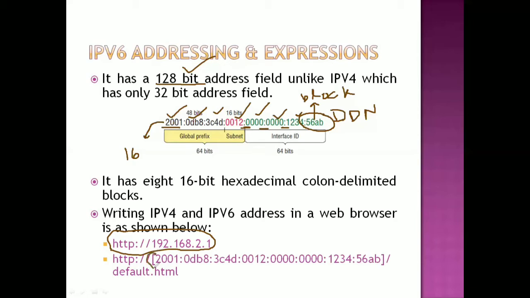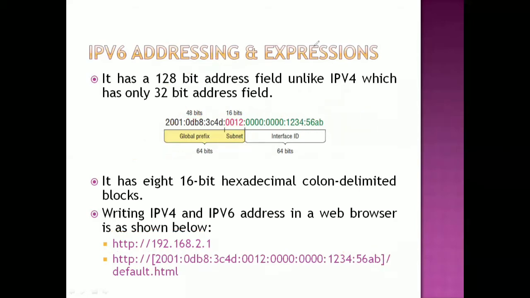You have to place a square bracket over here, and one more square bracket over here. So this is the way to write the IPv6 address. This is the long format of an IPv6 address, and in the next slide, I will tell you how to shorten this large IPv6 address by using the shorthand expression.